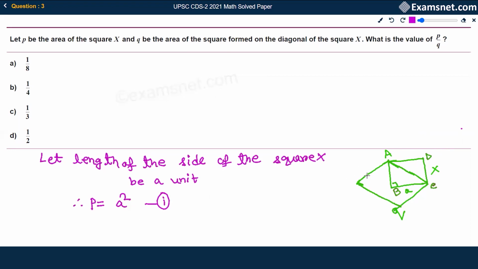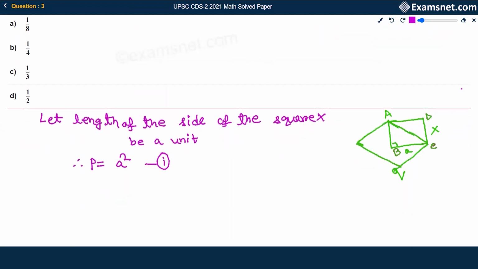Now, how can we find the diagonal of the square X? There is a formula. The formula is root 2a. This is the formula. Okay.